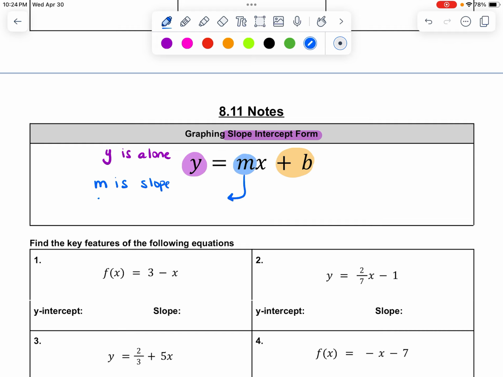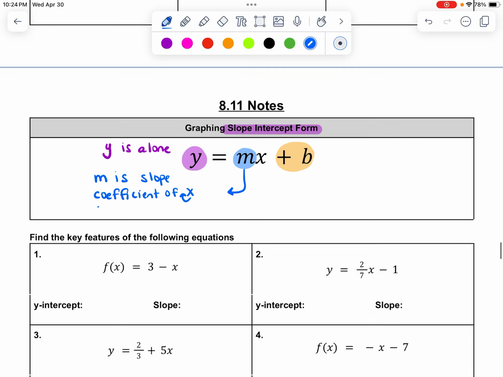M is always the coefficient of x. That means that if you look at x, it's the number right before the x. M is always a fraction, and if it's not a fraction, you're going to make it a fraction by putting a 1 on the bottom.